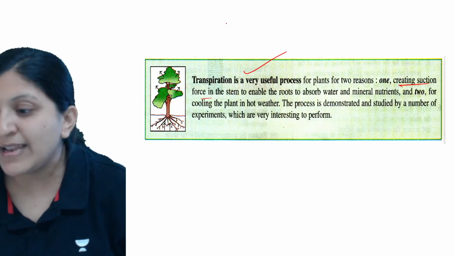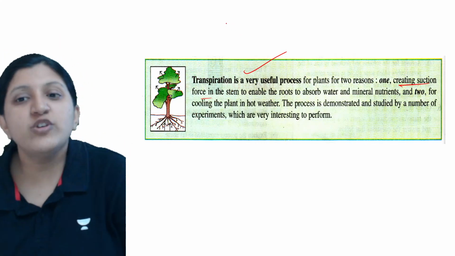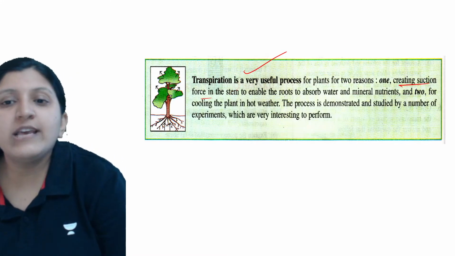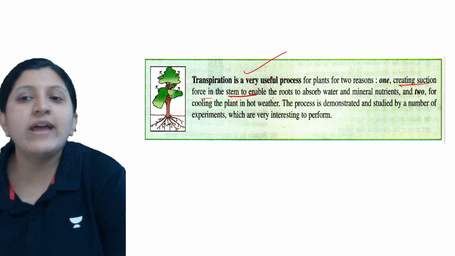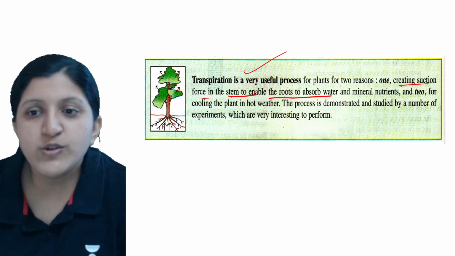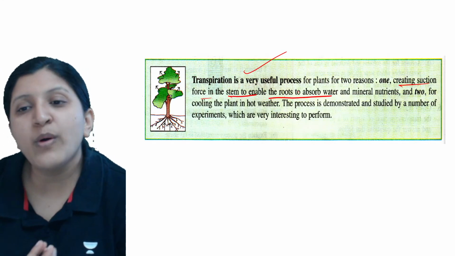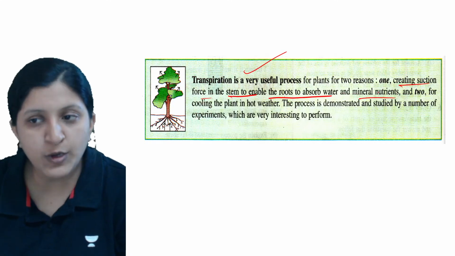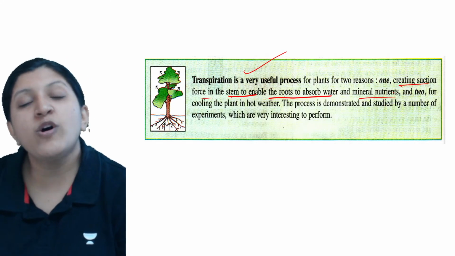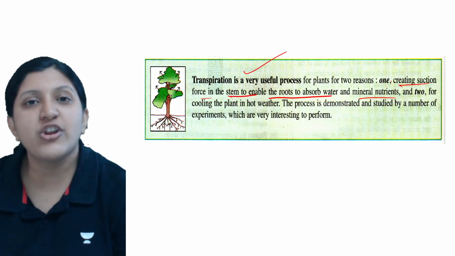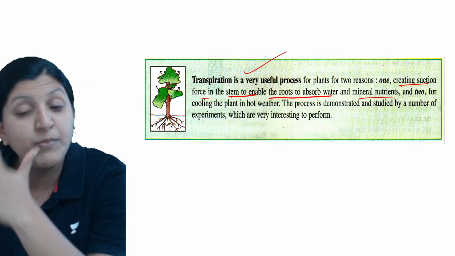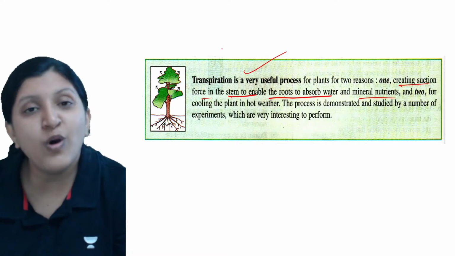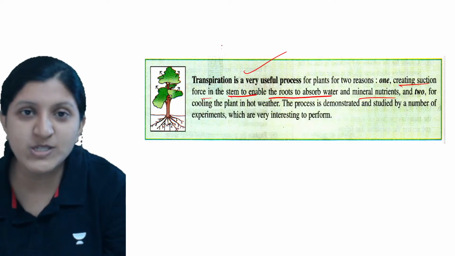As xylem is unidirectional, a suction force is created in the stem to enable the roots to absorb water and mineral nutrients. This suction pull is created at the top because water loss has occurred due to transpiration.